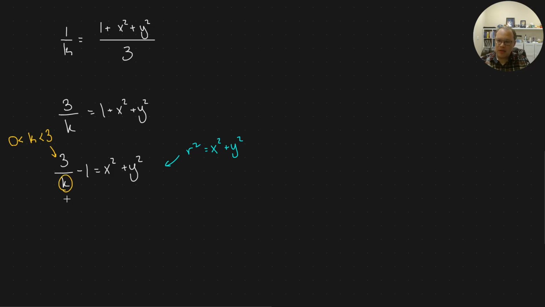As k gets bigger, this fraction gets smaller, and the radius gets smaller. So for small values of k, we have a big circle. Okay, k just a little bit bigger than 0. And then as k gets bigger, this gets smaller.